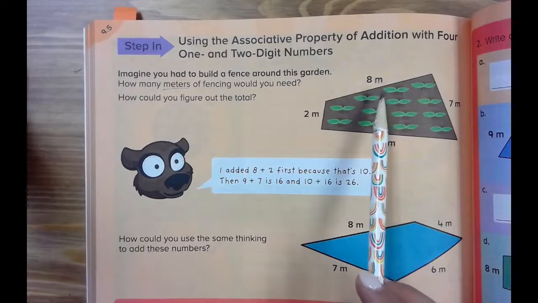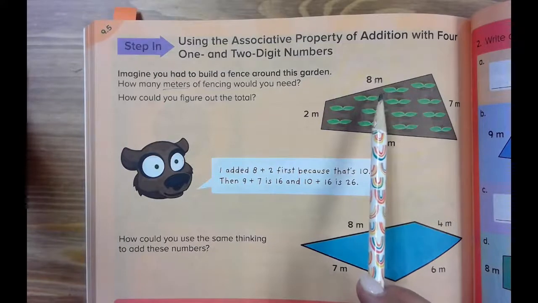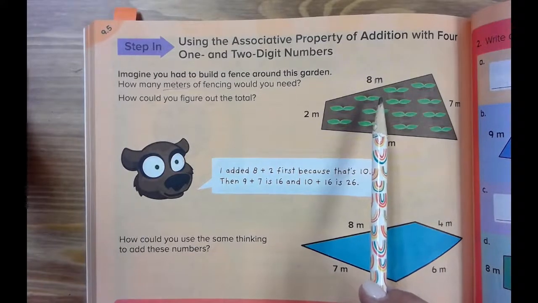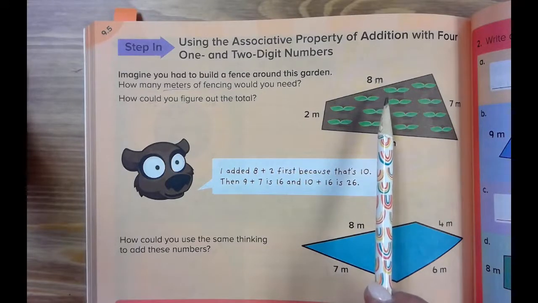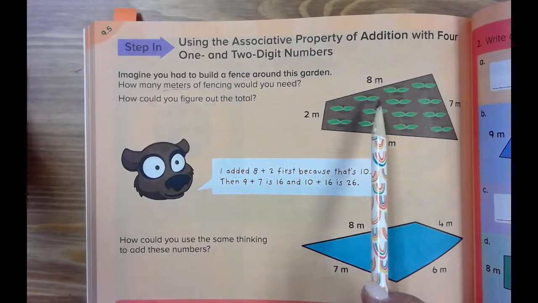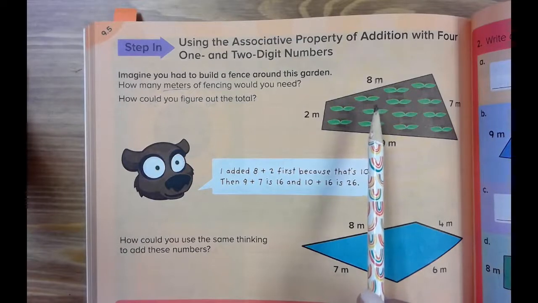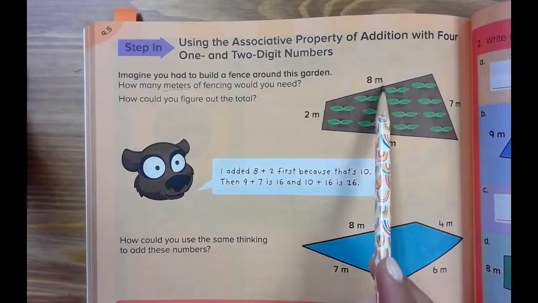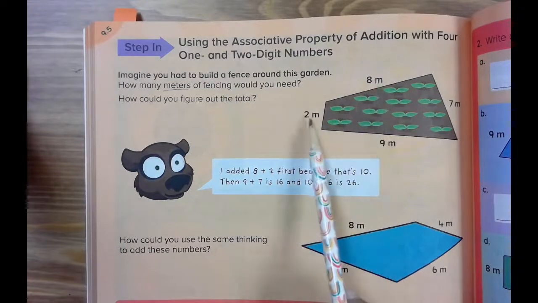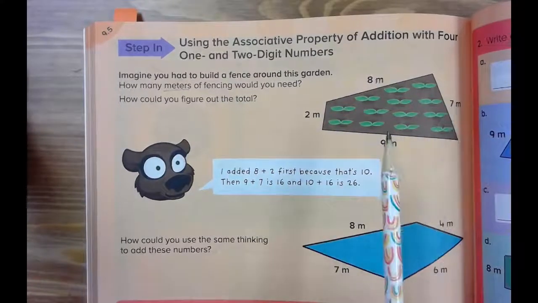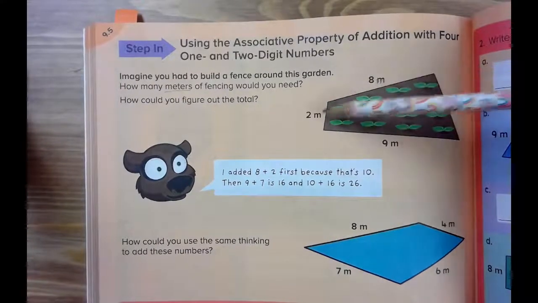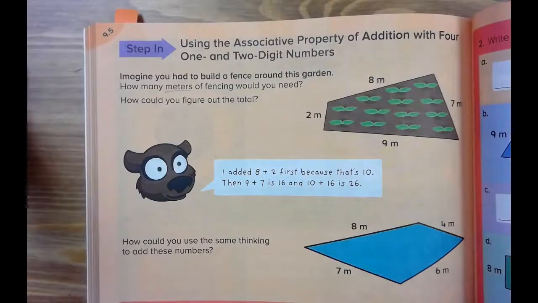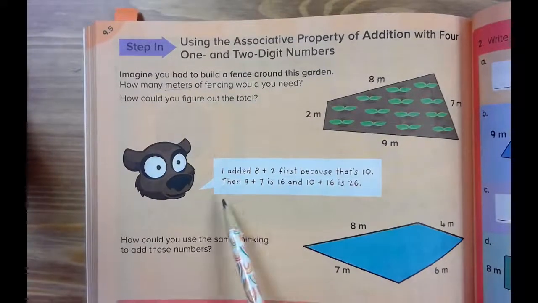When we make a number sentence that adds two numbers together to make 10, it's going to be a lot more simple for us because that's something we can quickly recognize and understand. So here I have the numbers 8, 2, 9, and 7. I know off the top of my head when I see 8 and 2 that makes 10. That is what they did here.